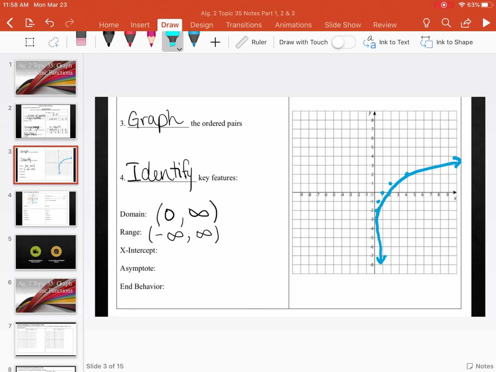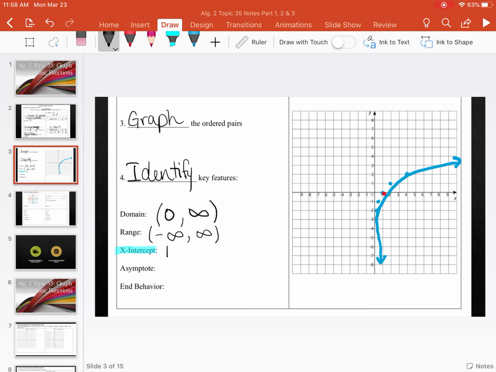Now notice here how we're talking about the x-intercept. We're so used to seeing the y-intercept, but we actually don't have a y-intercept, and we'll see that in one moment. We do have an x-intercept right there. Kind of got off my graph, but that x-intercept is at 1. And we have an asymptote.